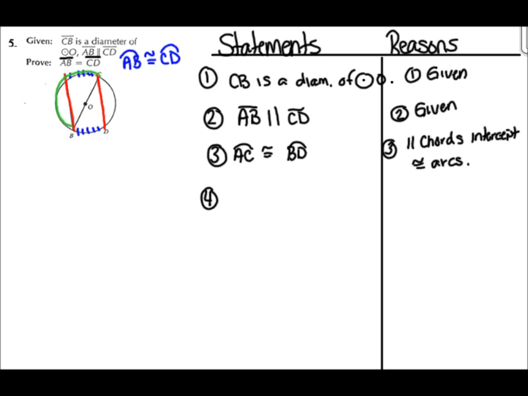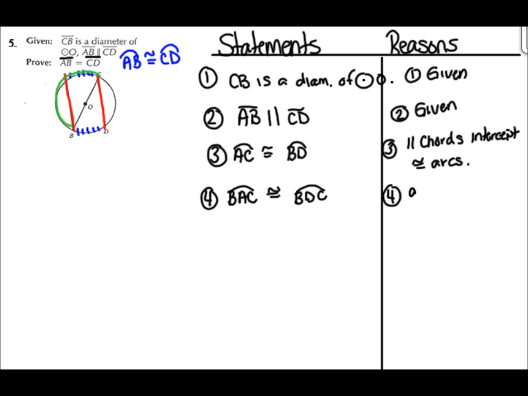So arc BAC will actually be congruent to the other semicircle arc, which is BDC. And that's also a new reason.